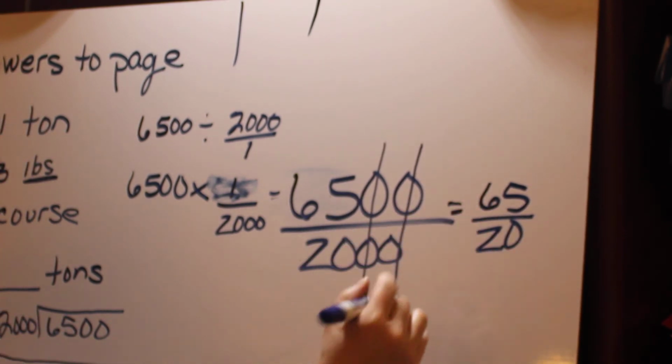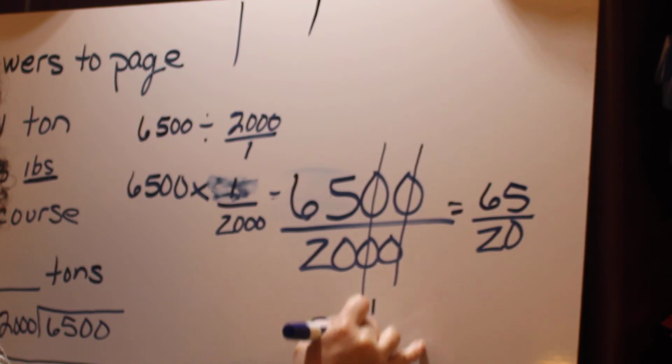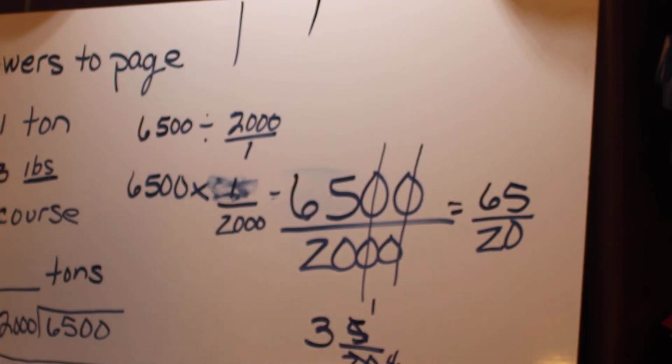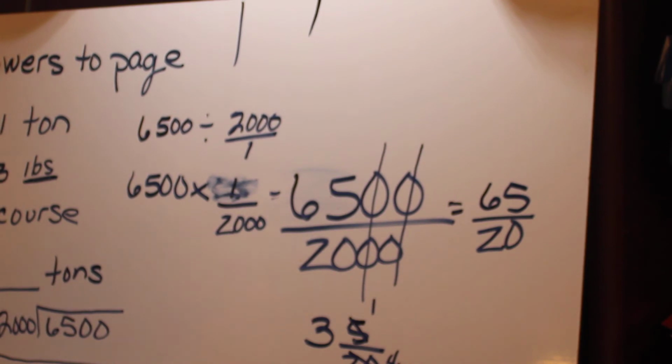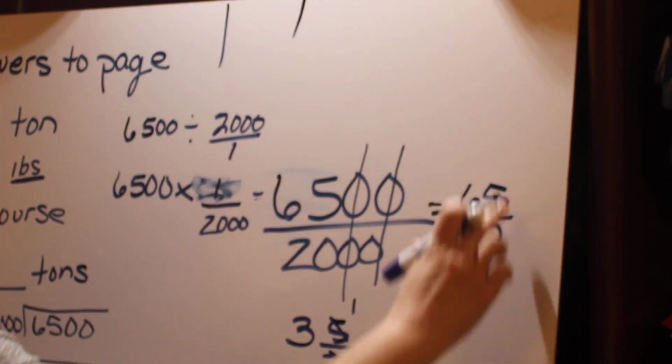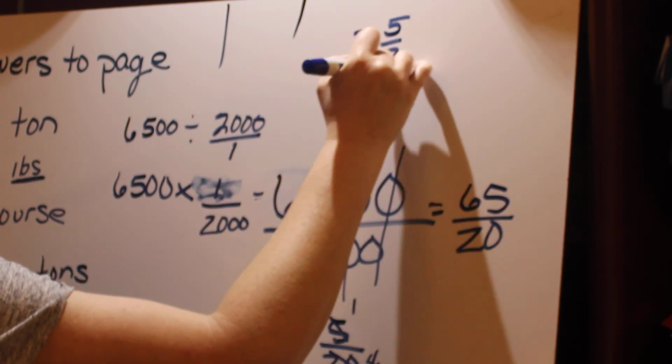20 goes into 60, 3 times. You would have 5 left over with your denominator of 20. This reduces to 1/4. So it's 3 1/4. And I have a feeling you can't see down there anymore. 65 over 20 is this.